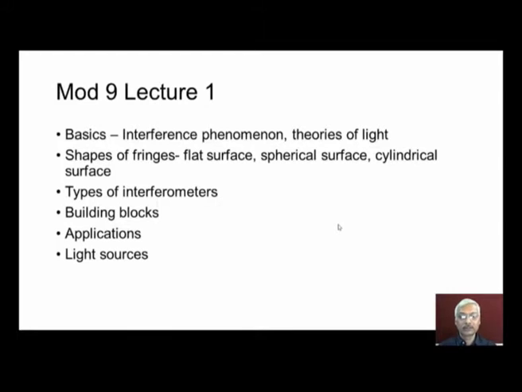We will study the theories of light, and then how the interference phenomenon occurs, what are the conditions suitable for the occurrence of interference, what type of fringes we obtain depending upon whether the workpiece is flat or cylindrical or spherical, and then we will list some of the available interferometers, and then we will study the construction of interferometers, what are the various elements used to build the interferometers, and what are the applications also we will see, and what are the light sources used in interferometers. These things we will discuss in this first lecture.